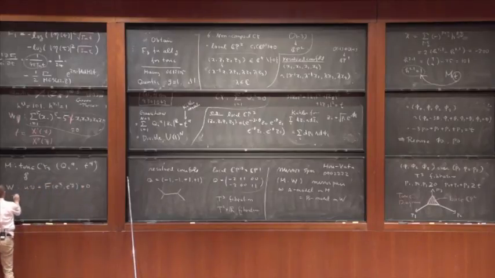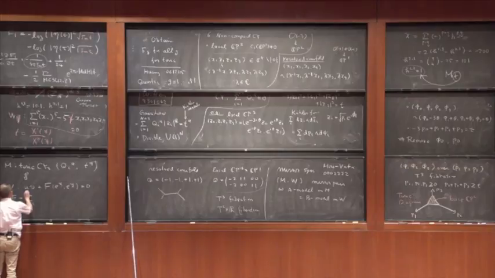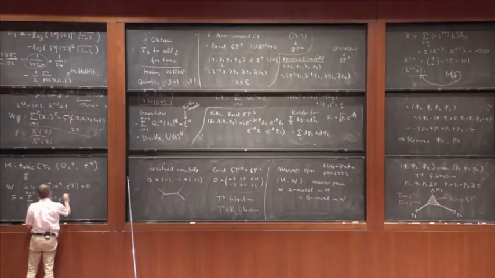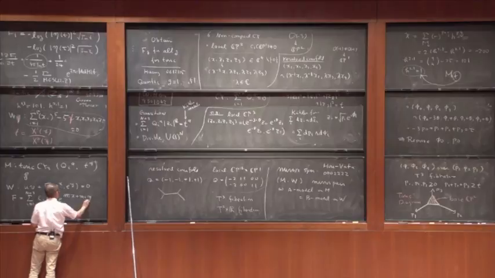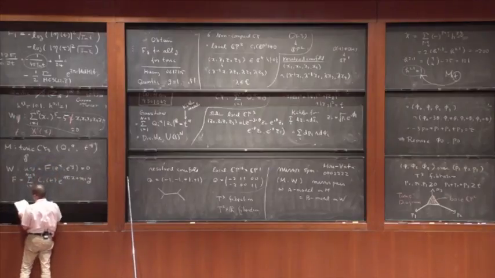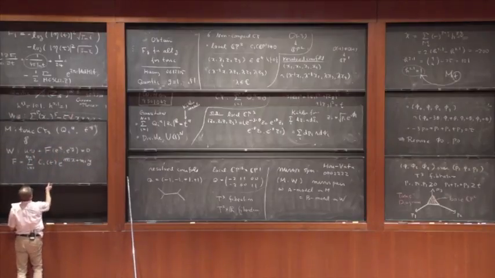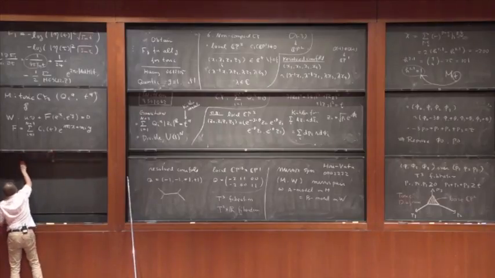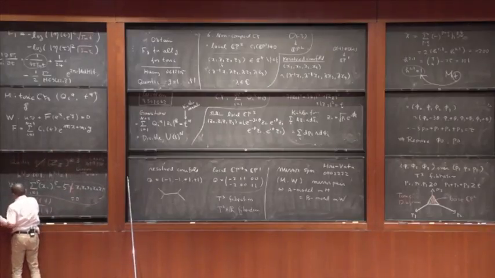Where this function f is given by this type of thing, where these n, m, and c are given by these sets of constraints.